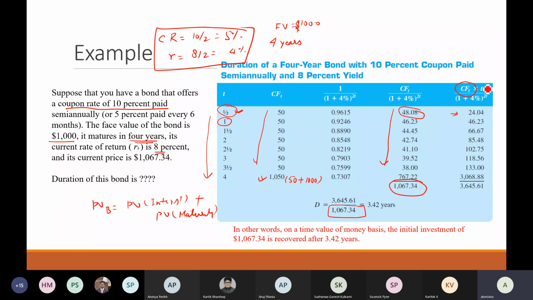So this is your cash flow. Here this is each time period's discounted cash flow. We are multiplying it by time and then calculating it. So once we calculate, we are getting duration as 3.42.